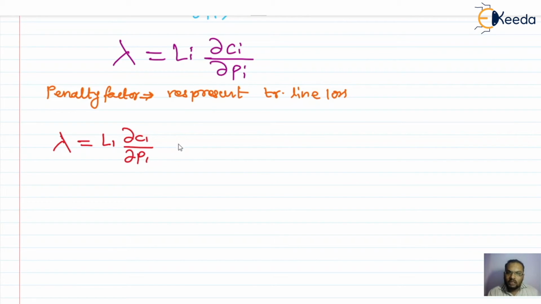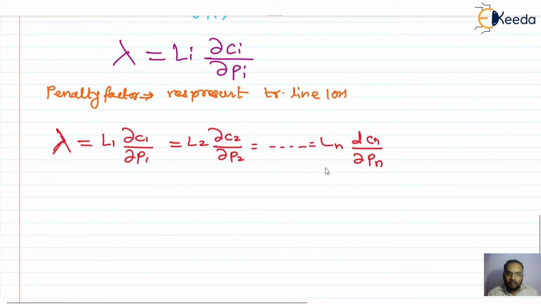Similarly for the second unit we will have this term. Same way, for the nth unit we will have this term, and all these terms are equal to each other, and it is nothing but the Lagrangian multiplier. Again, it is lambda.